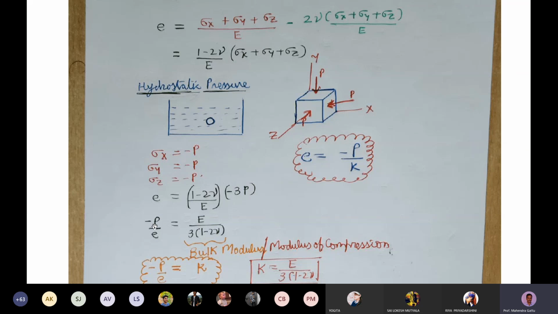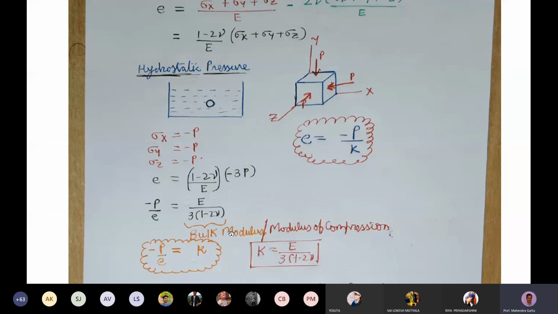So this is the hydrostatic pressure, and this is the dilatation. The ratio of the hydrostatic pressure to the dilatation is a constant, and that constant is known as bulk modulus, or there is another term for it, the modulus of compression.